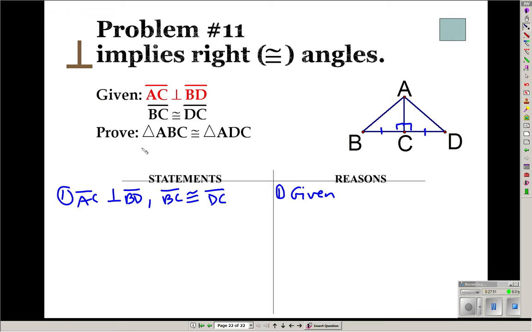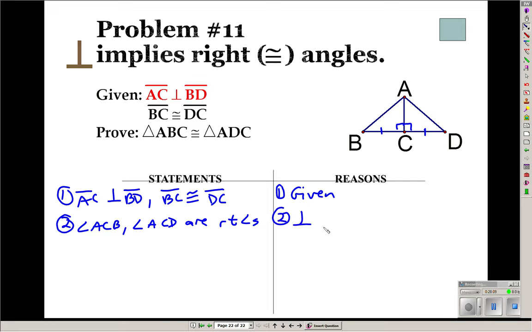Now, since the perpendiculars form right angles, I have right triangles, so I'm probably going to be using HL. So let's go ahead and build this. Since they're perpendicular, then we have right angles. So I have to say that angle ACB and angle ACD are right angles.